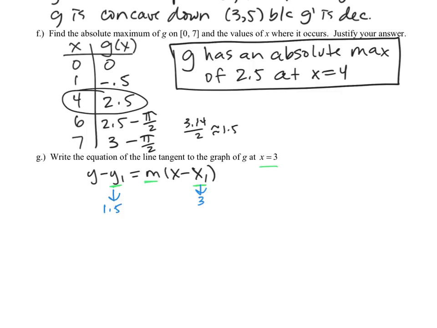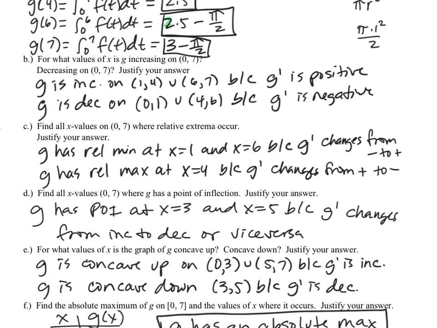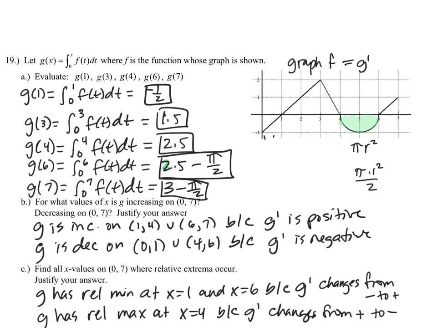In other words, we need g prime of 3, don't we? So let's look at our graph of g prime and see what the y value is when x is equal to 3. Looking at our graph of g prime, when x is 3, g prime of 3 is 2. So that's our slope.